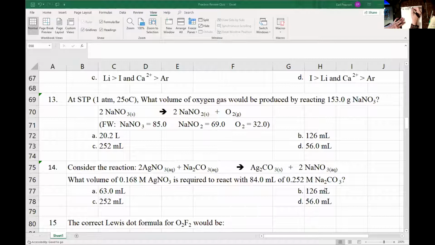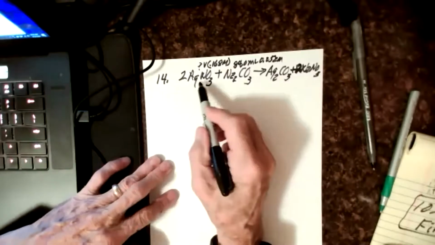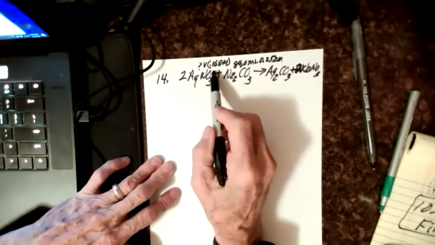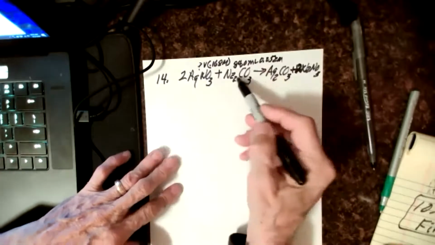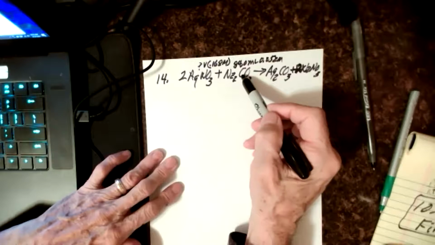And then I'm reacting 84 milliliters of 0.252 molar of this, and we want to see what volume is required. So let's stop the share. I've got everything set up on the paper. There's my reaction. We want to know the volume of 0.168 molar silver nitrate that would react with 84 milliliters of 0.252 molar sodium carbonate.